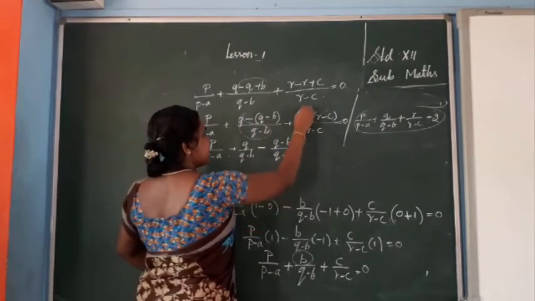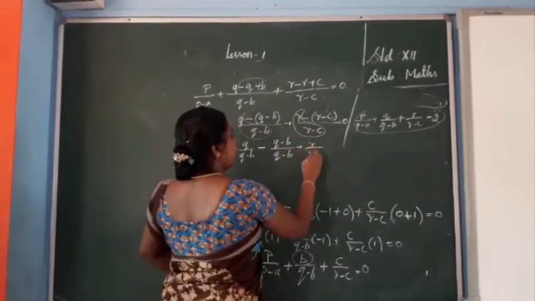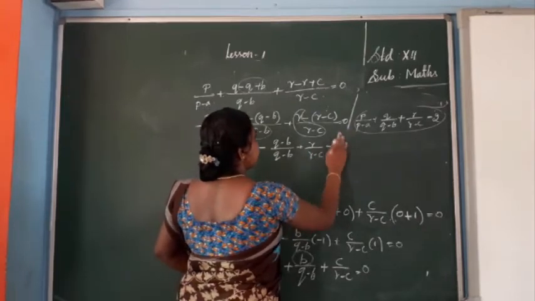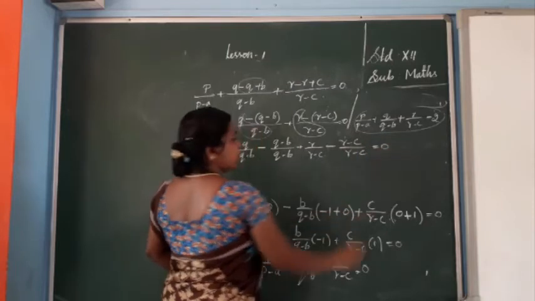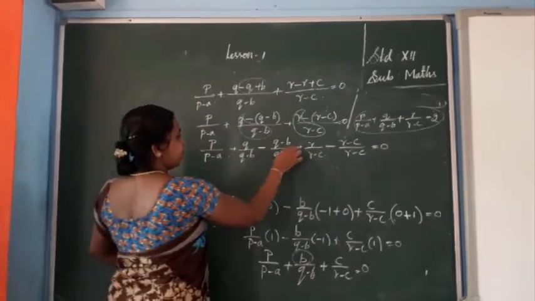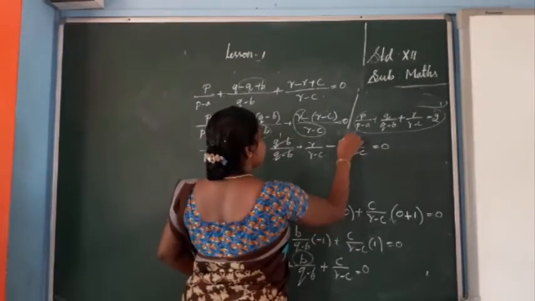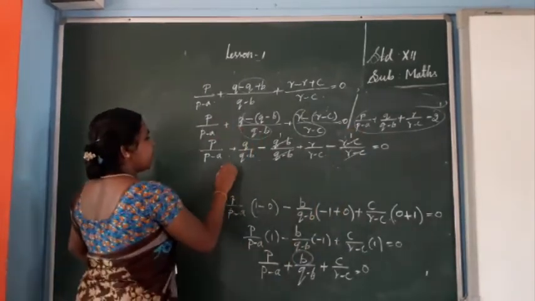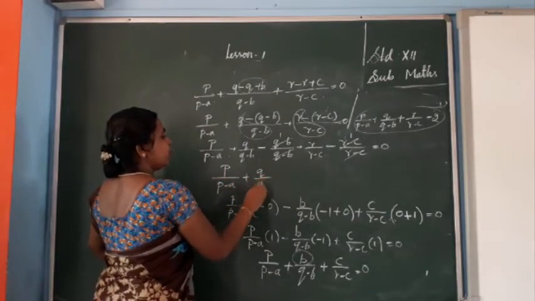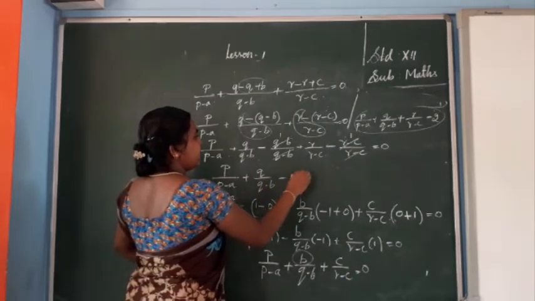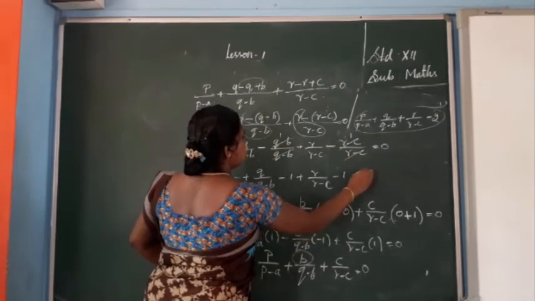Plus, next here also the first part r by r minus c, minus another one, r minus c by r minus c, equal to 0. Now you can simplify: q minus b cancels, then r minus c also cancels. So what is remaining? p by p minus a plus q by q minus b minus 1 plus r by r minus c minus 1 equal to 0.